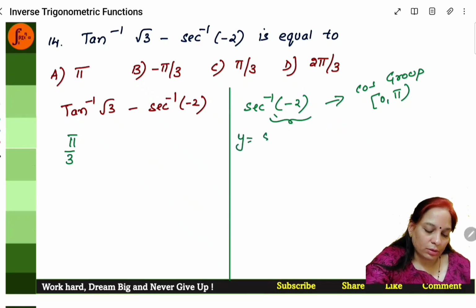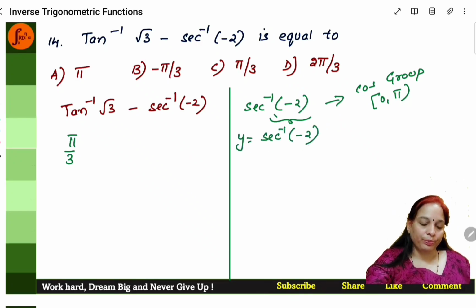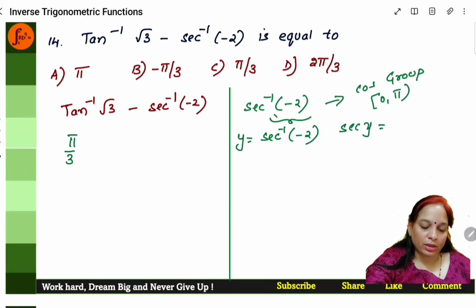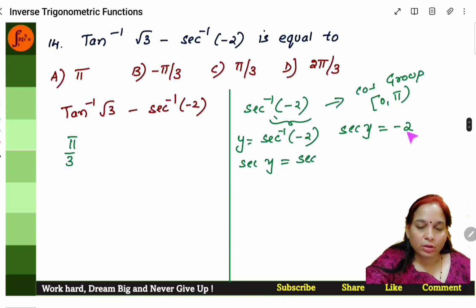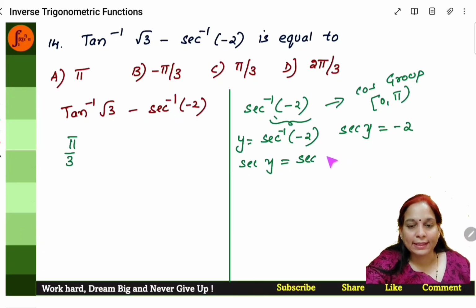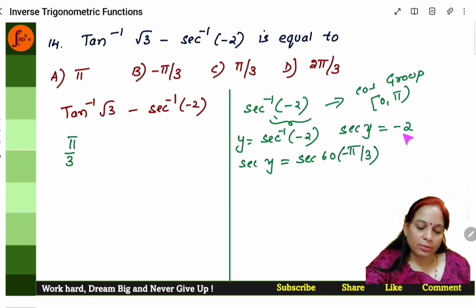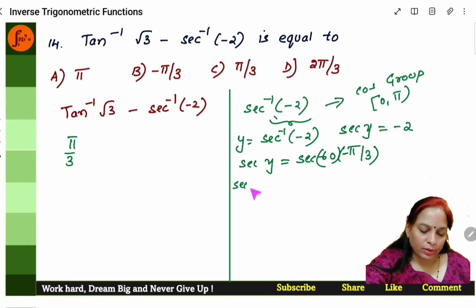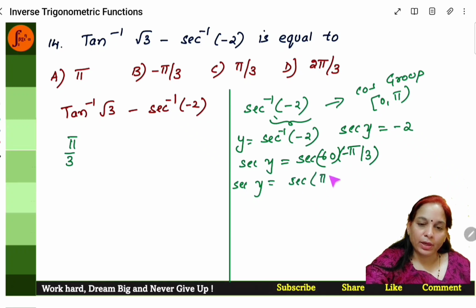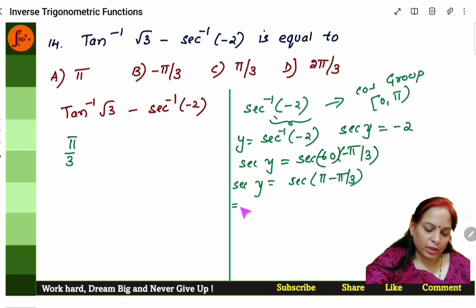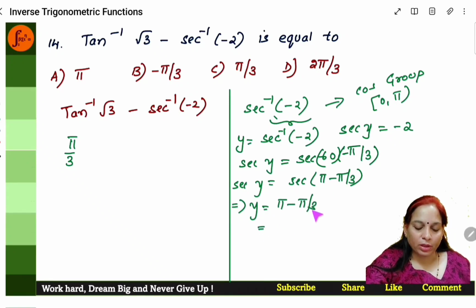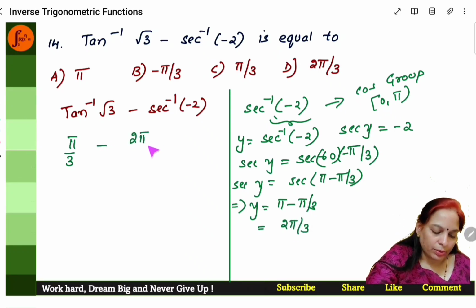So y is equal to secant inverse of minus 2, which means secant y is minus 2. 2 is nothing but secant 60 degree. 60 degree is pi by 3. Notice there is minus here. So we'll have to subtract from pi. That is secant of pi minus pi by 3, which implies that y is equal to pi minus pi by 3. You take the LCM, so it will be 3 pi minus pi, which is 2 pi by 3. So this is going to be 2 pi by 3.